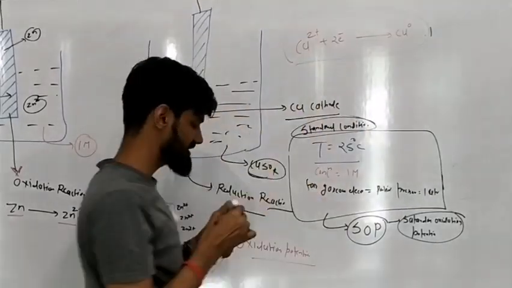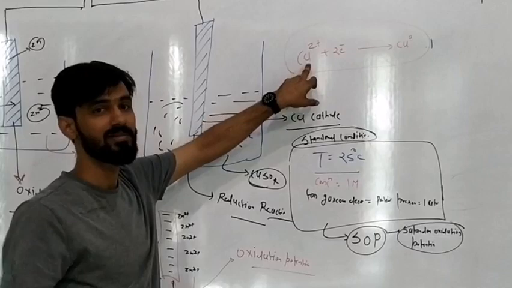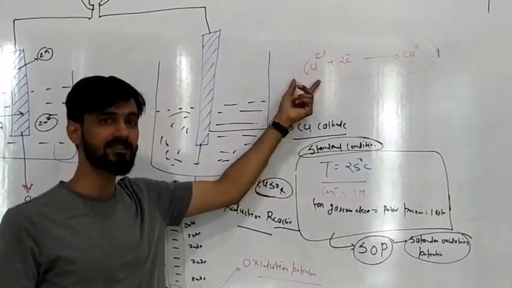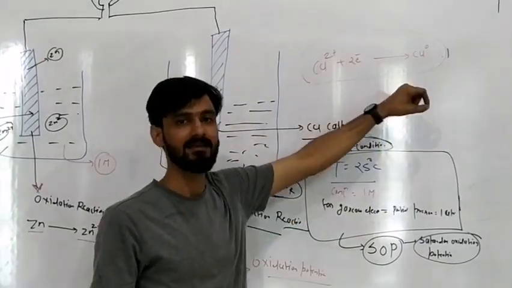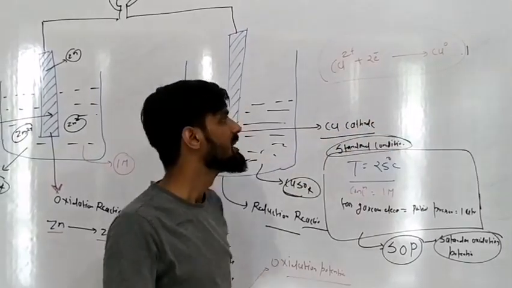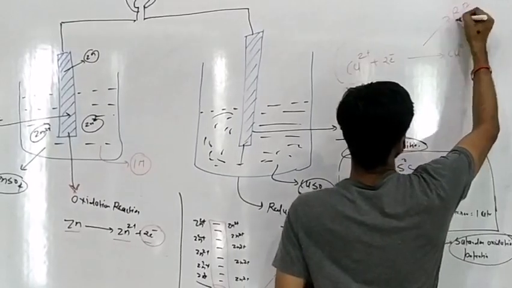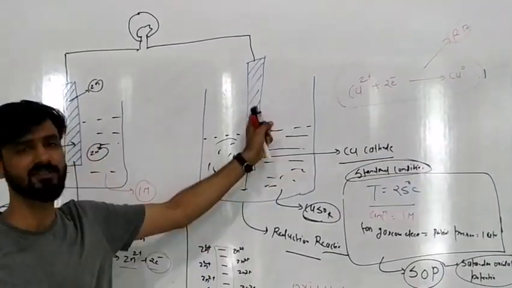The oxidation state of copper is decreasing, and a decrease in oxidation state is called a reduction reaction. This reaction will be called the reduction reaction, and I have told you the reduction reaction takes place on the surface of the cathode.